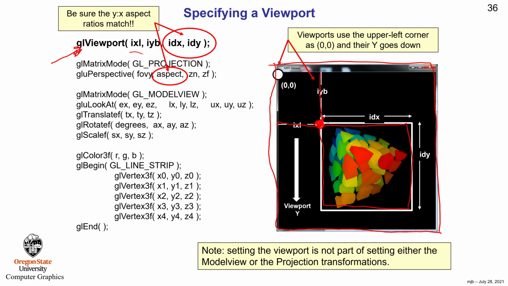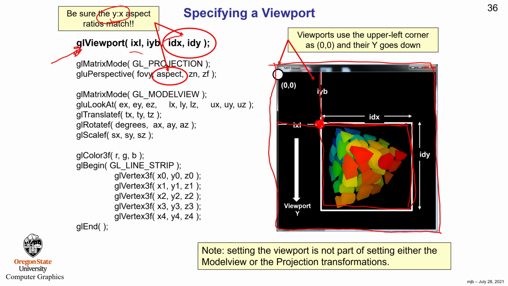dx and dy are the width and height of the viewport. Okay, so the code you've got is set up to try and make the viewport fit the whole window, but you don't have to. You could have multiple viewports of different views of your object. That's real common for us to do. The only trick is you've got to make sure that the aspect ratio matches.